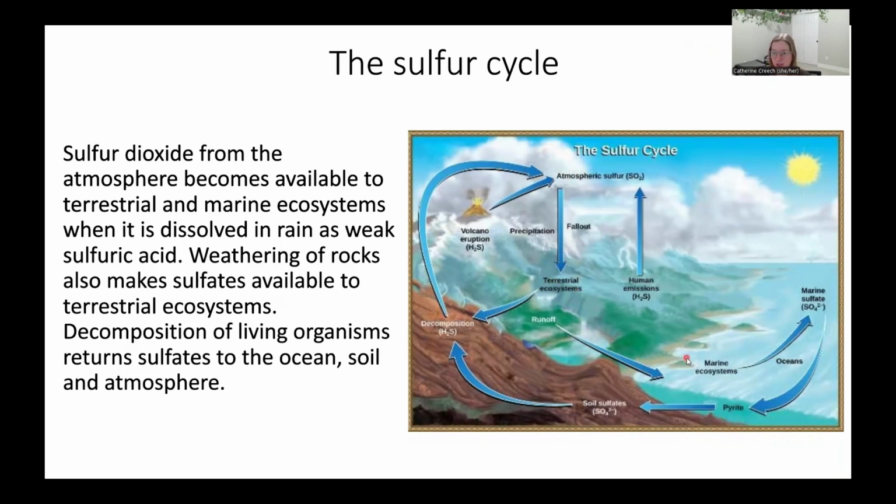It's going to run off to the ocean. It'll be used by the marine organisms. It's then going to drop down and go to decomposition, which means it goes into the soil for a bit. And then volcanic activity will release it again into the atmosphere. We are also releasing sulfur. So we are adding to the system here.